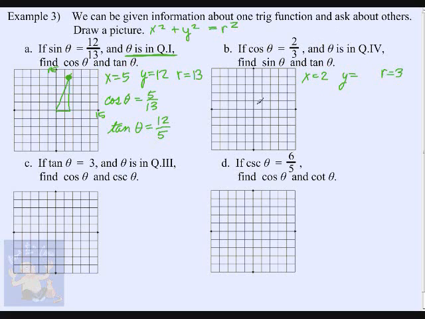So, since cosine is positive, we could be talking about this quadrant or this quadrant. However, we are given the additional information, thank goodness, that tells us we need to place it in this quadrant here.